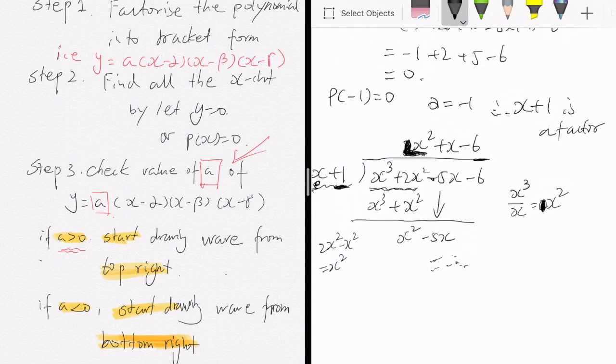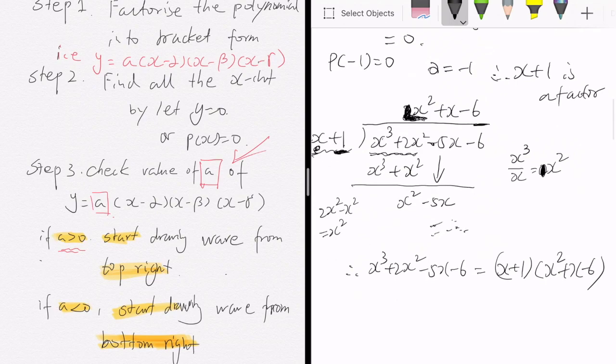So after you finish the long division, x to the power of 3 plus 2x squared minus 5x minus 6 will be equal to x plus 1 times x squared plus x minus 6. Now you see I have converted this into the factorized bracket form.